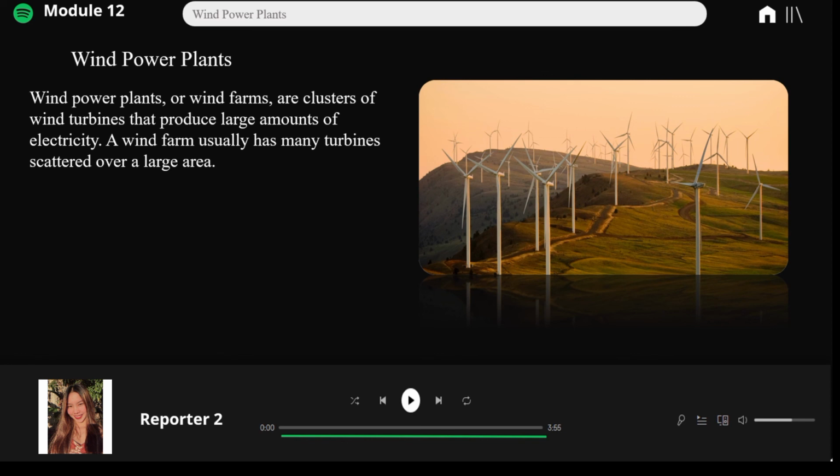So, a wind power plant is a power generation facility that converts wind energy into electric energy. Additionally, wind turbines may also reduce the amount of electricity generation from fossil fuels, which results in lower total air pollution and carbon dioxide emissions, which is really beneficial to our environment.